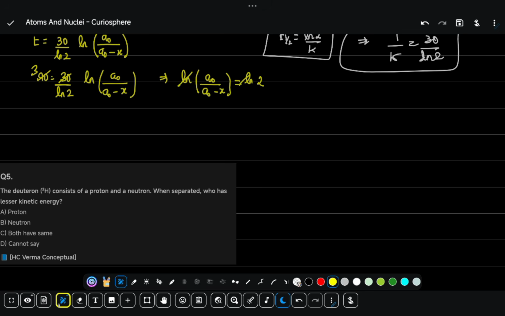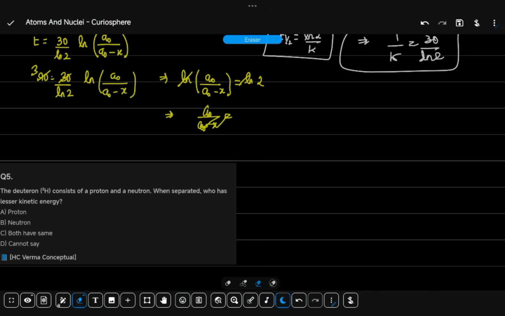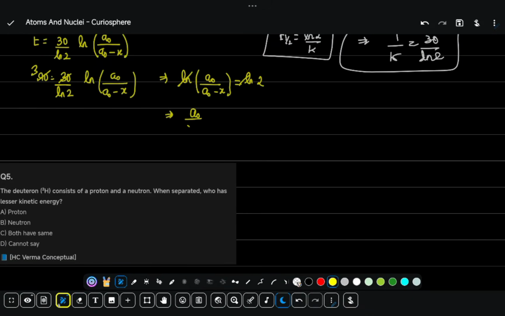Just take off the ln, or take the exponential on both sides, you will get the same thing. a naught by a naught minus x equals 2, right? If you cross multiply, a naught equals 2a naught minus 2x.